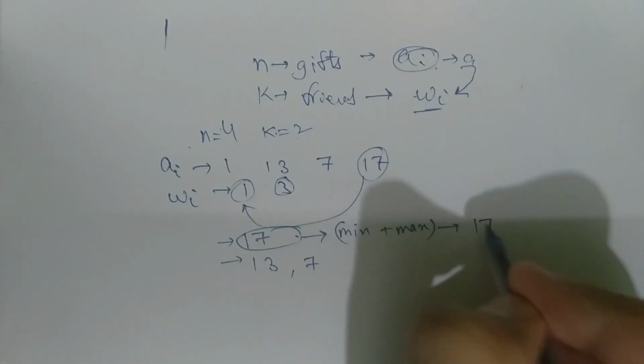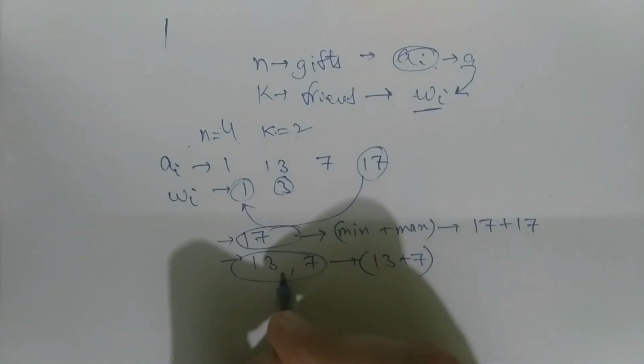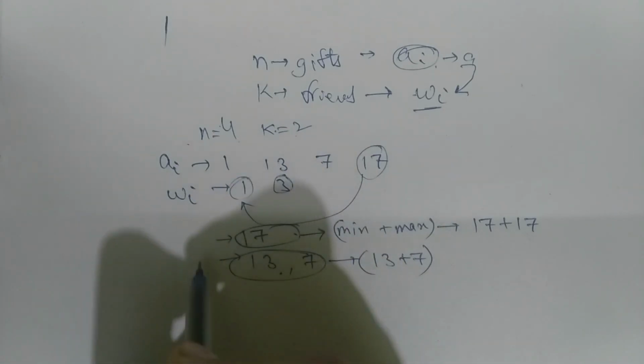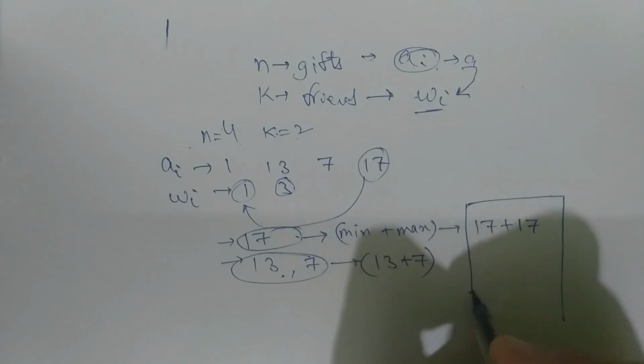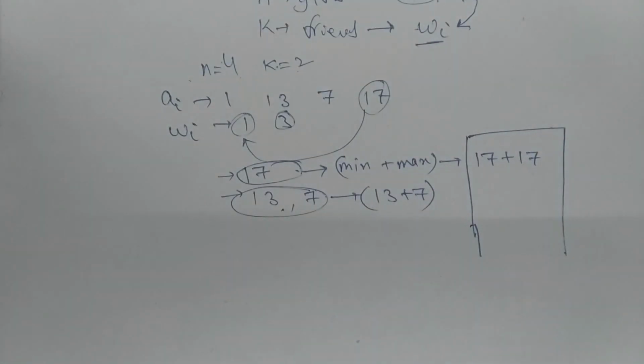So min plus max for this will be 17 plus 17, and for this it will be 13 plus 7. The minimum element of this array plus the maximum element of this array should be maximum for each person, and then we have to print the sum of these minimum plus maximum sums.